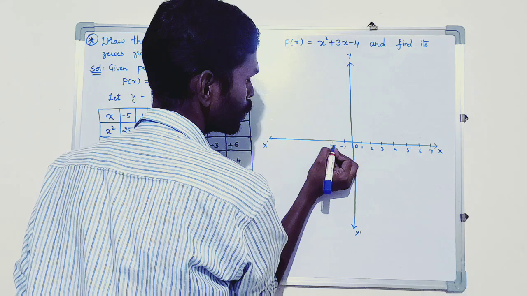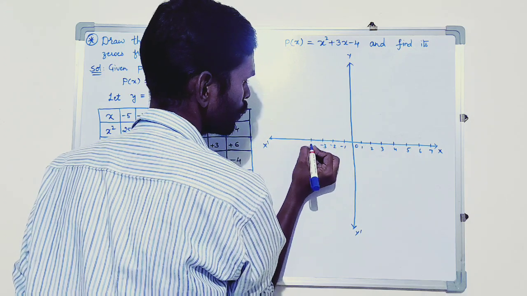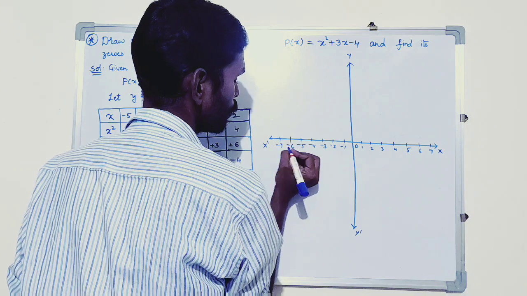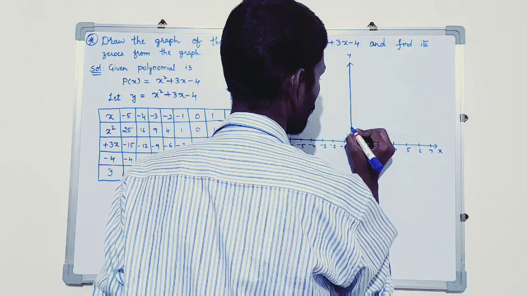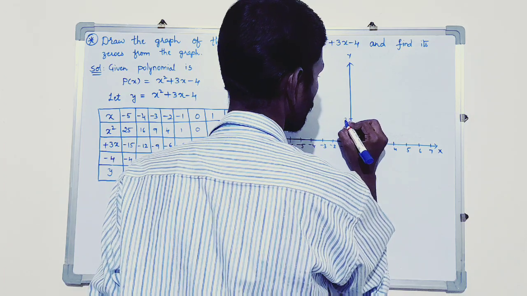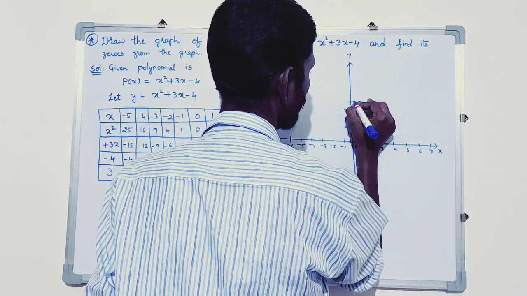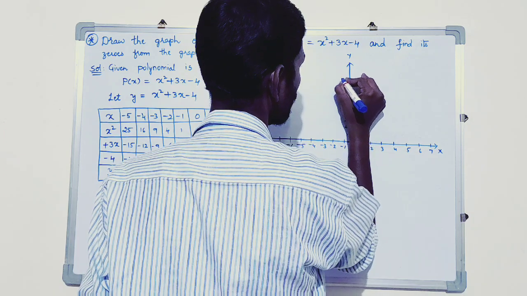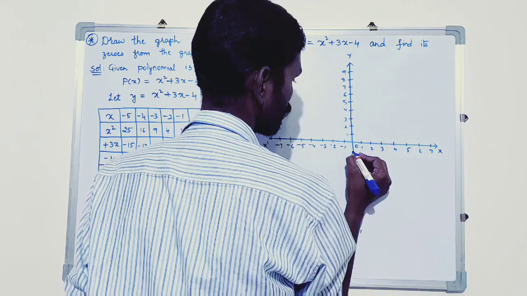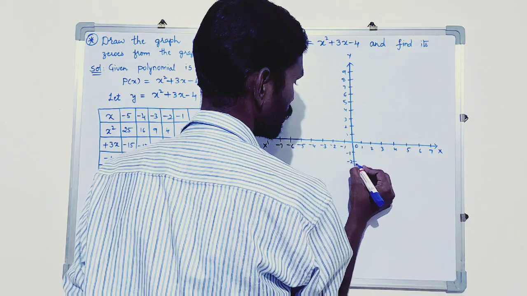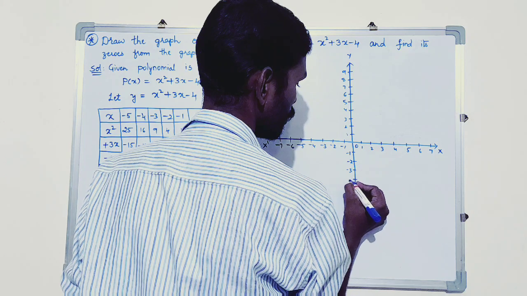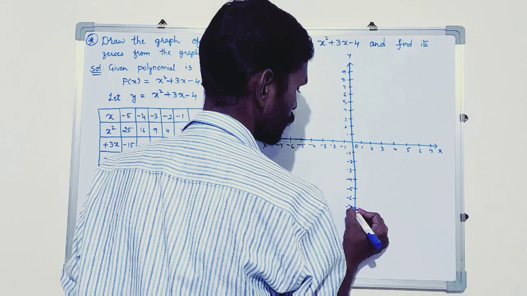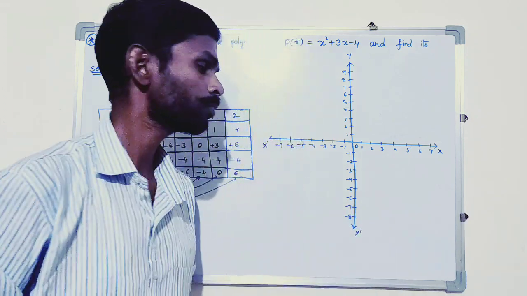Minus 1, minus 2, minus 3, minus 4, minus 5, minus 6, minus 7. On the y-axis, 1, 2, 3, 4, 5, 6, 7, 8, 9. Minus 1, minus 2, minus 3, minus 4, minus 5, minus 6, minus 7, minus 8.